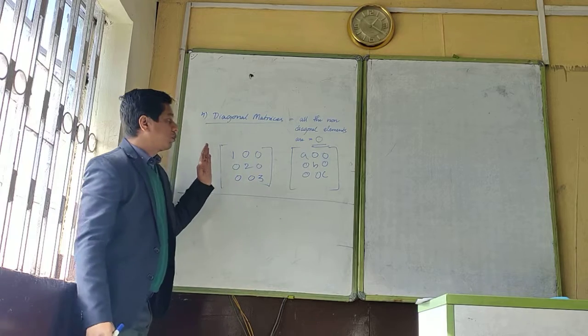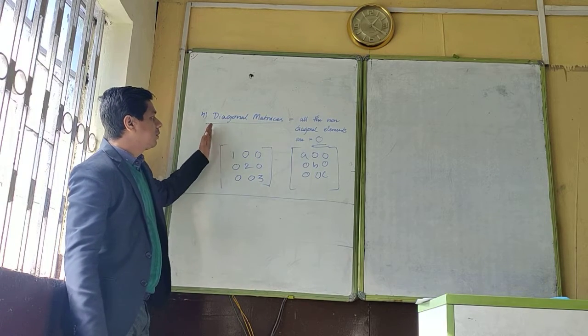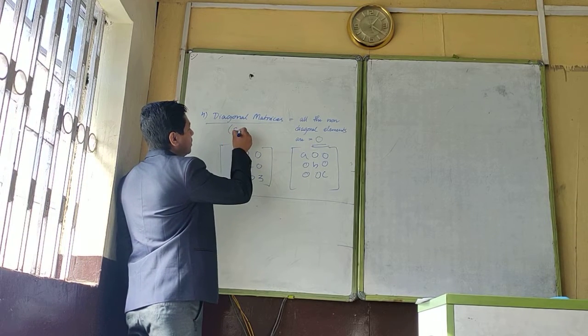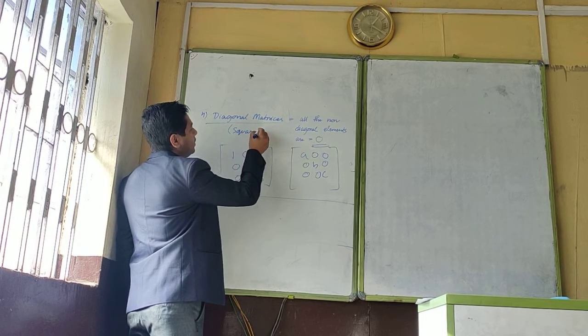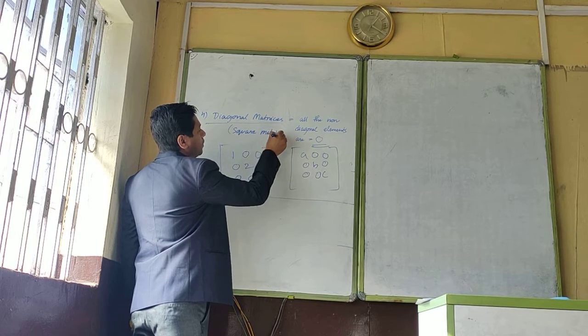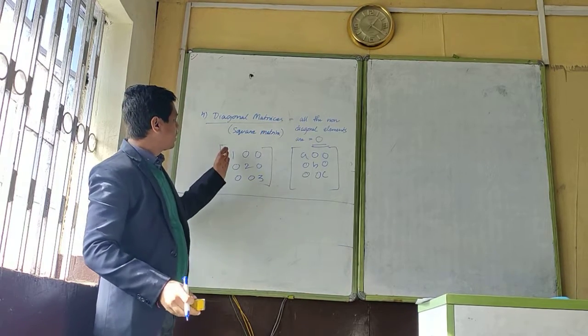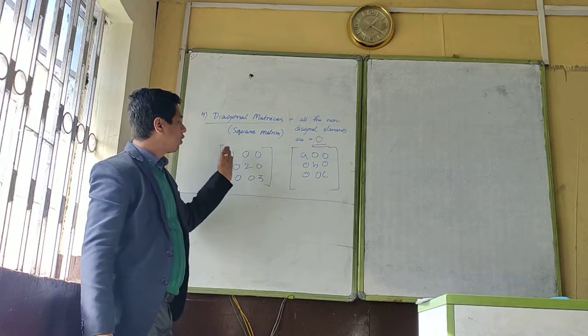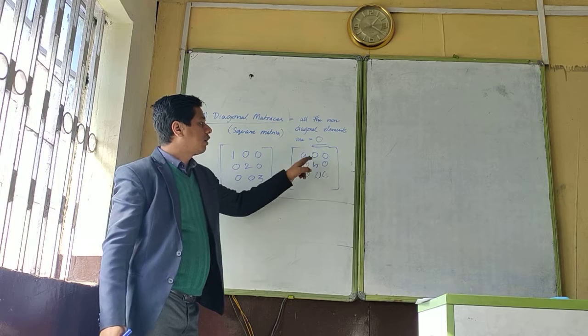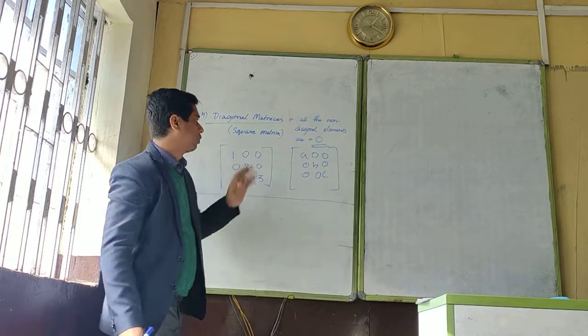What more we have to know is a diagonal matrix is also a square matrix. The first condition is it has to be a square matrix. And next, the elements or symbols have to be arranged diagonally, and non-diagonal elements will be 0.